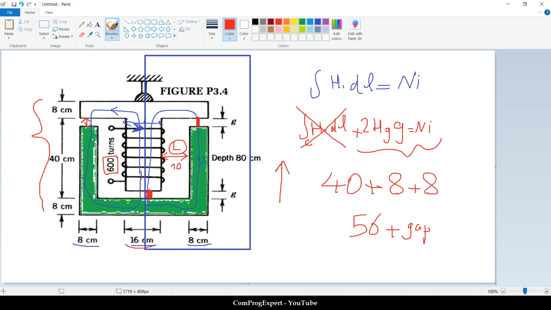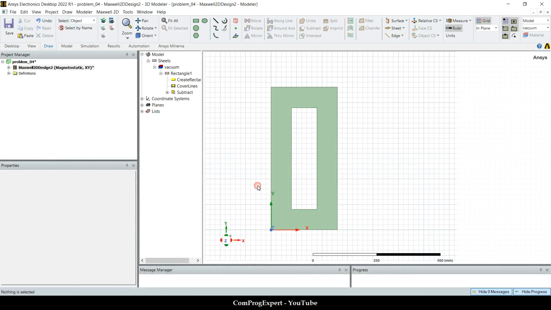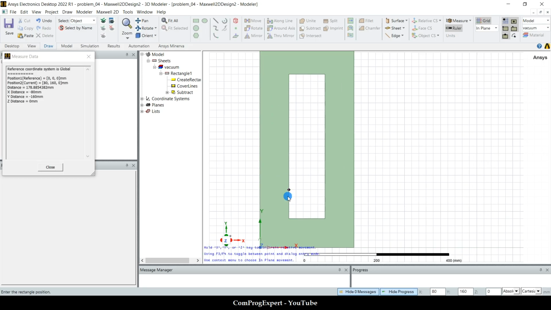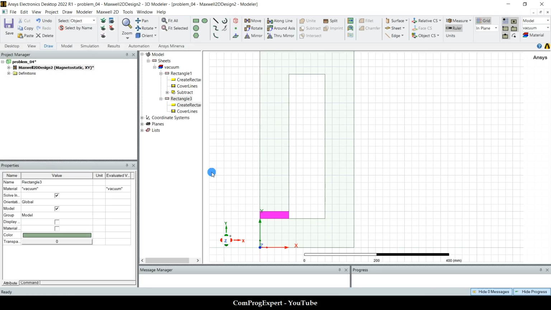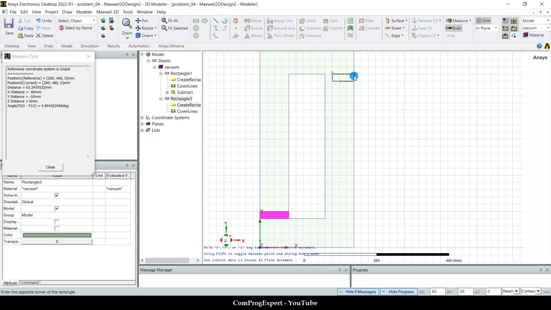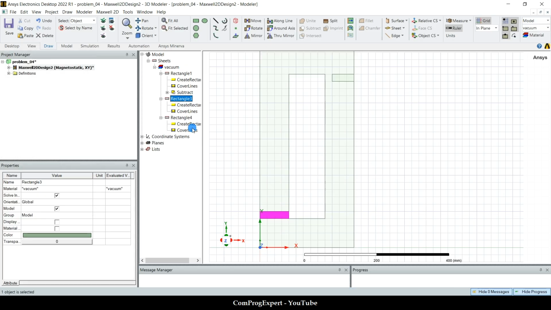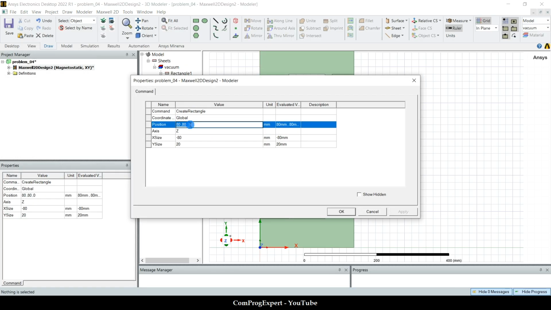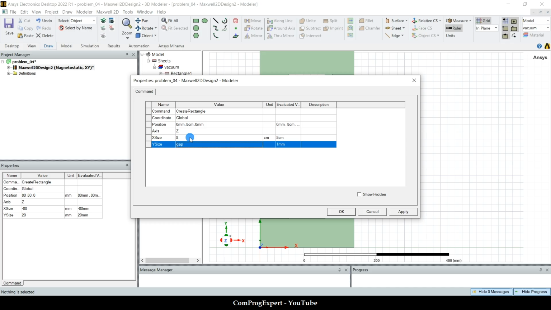Now we should create these two air gaps. We have one air gap here and one air gap here. So for this rectangle, let's set the dimensions 0, 8 centimeters, and 0, the x size is 8, the y size is gap.